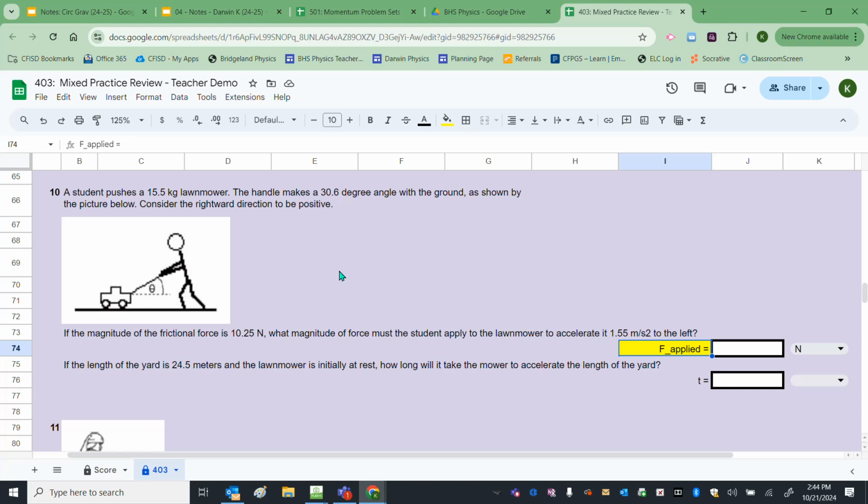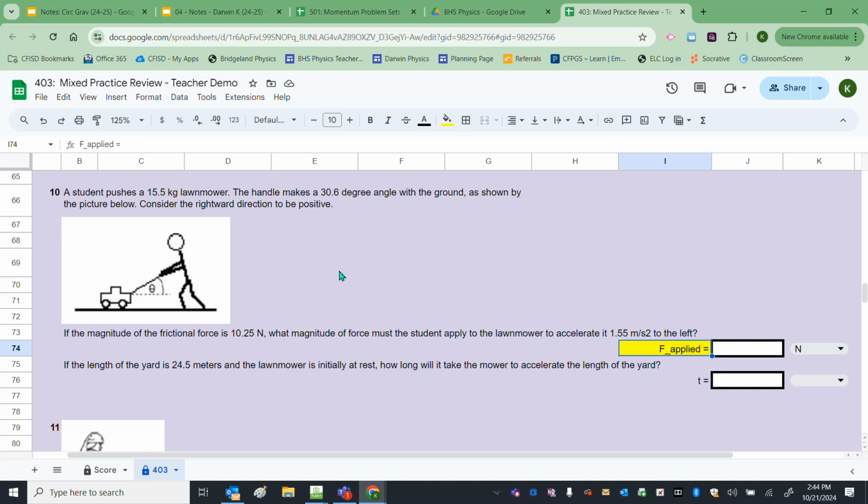Remember, if you have an angle, one of the first things you're going to want to do is figure out how to find components. Now in this case, you don't actually know what the applied force is right now, so you can't find those components yet. But it is a process where you are going to have to use trigonometry whenever you get to that part of the question.